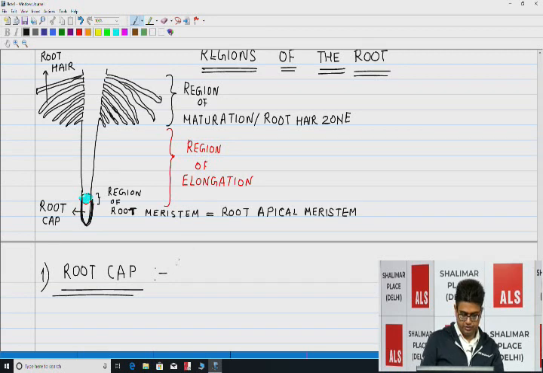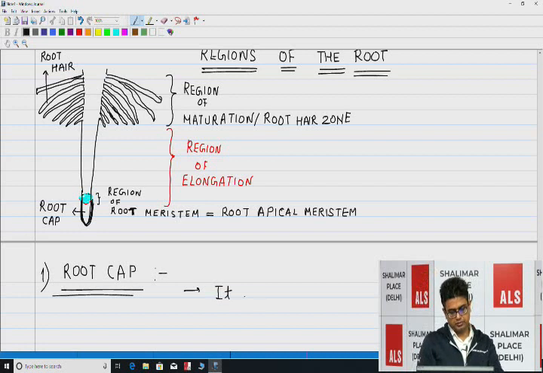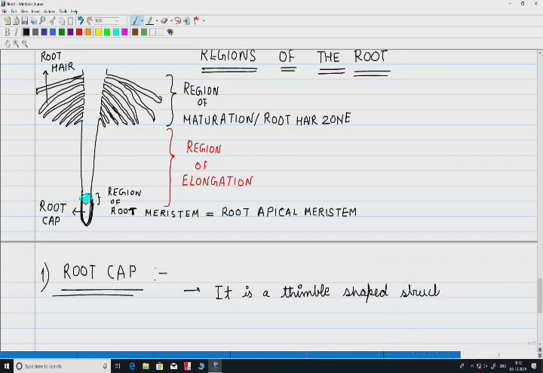So let us write this down. Root cap represents a thimble shaped structure. Those who play guitar already know what a thimble is, right?